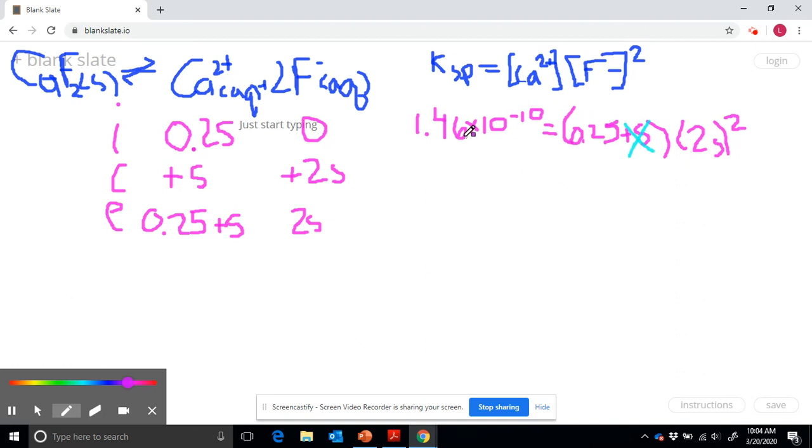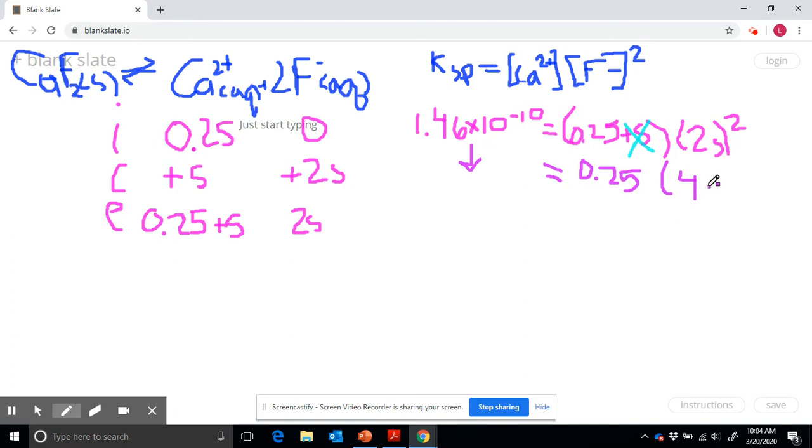So what we can do now is let's go ahead and do some solving. Let's square these numbers. So this number, I'm just going to leave that there, equals, so we still have the 0.25, and this is going to be now 4S squared.